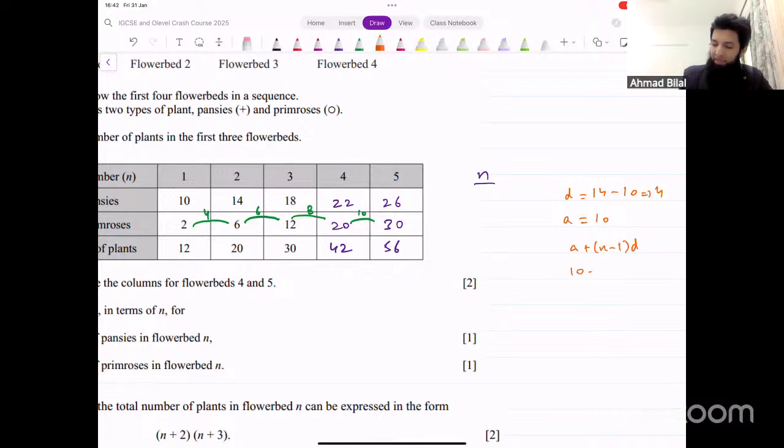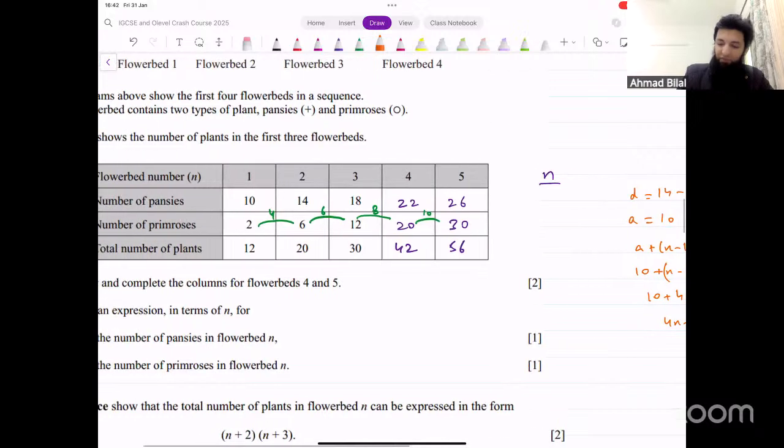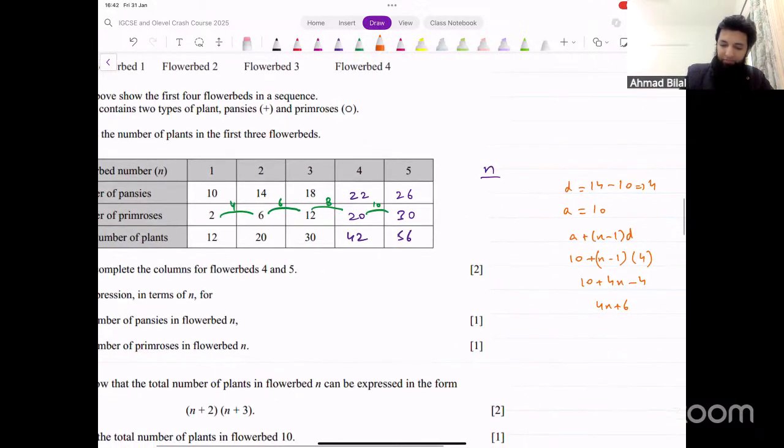It becomes 10 plus n minus 1 times the difference, which is 4. You simplify this and you would get 10 plus 4n minus 4, which is 4n plus 6. So the first one has to be 4n plus 6.